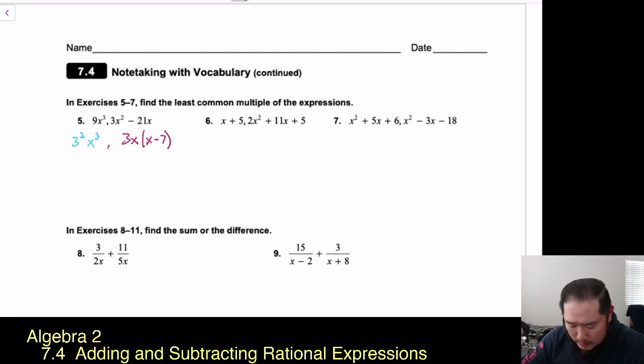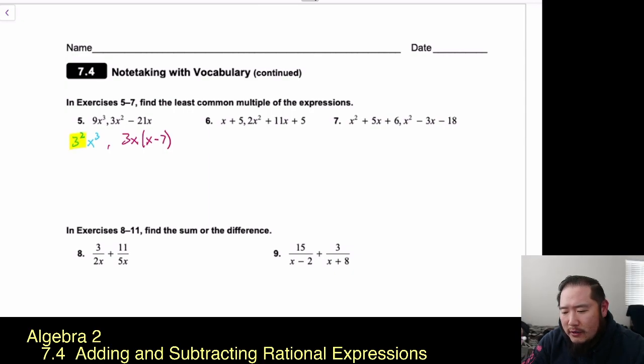Now, if I examine this closely, this 3 squared times x to the third is 9x cubed, right? We already know that. But if I compare that with the 3x, the highest things that I have are this 3 to the second power, this x to the third, because that's higher than 3 and times x, right?